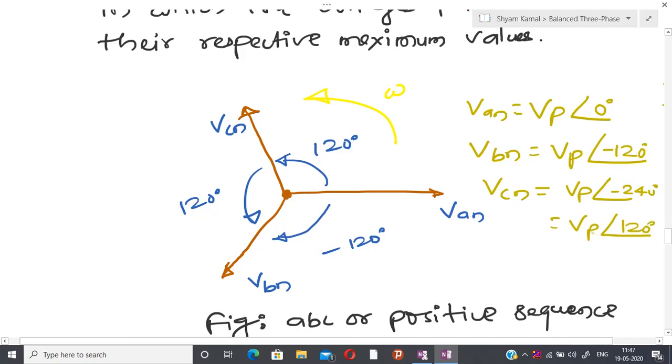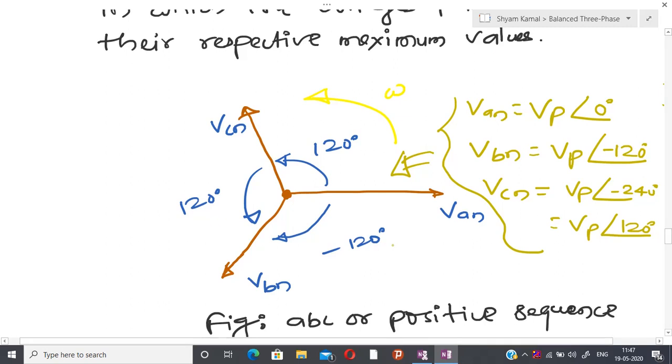So basically if I have this kind of sequence, then I can represent it using this particular figure.